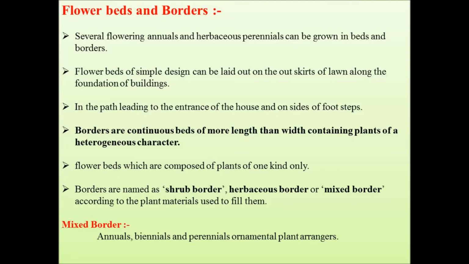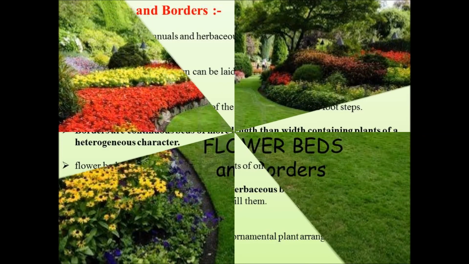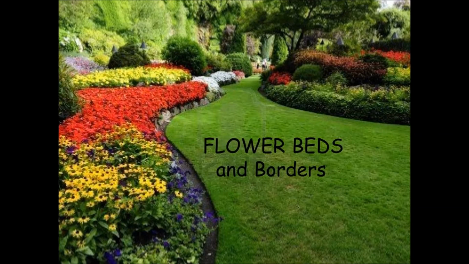As compared to flower beds, the flower border has more length than width. It is called a flower border. And a flower bed is composed of only one kind of plant, only one type of species.